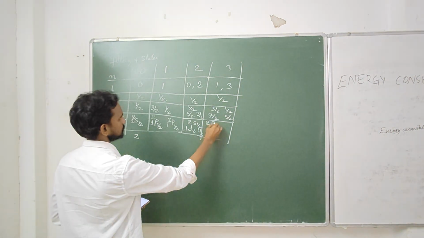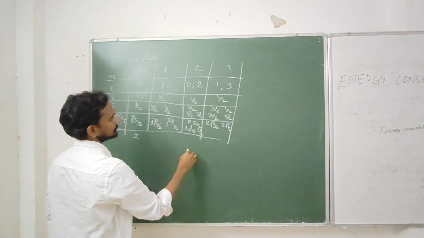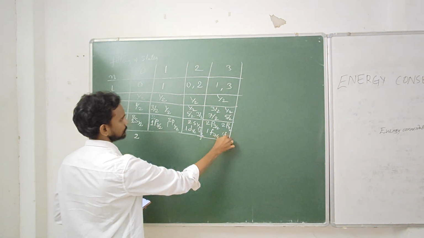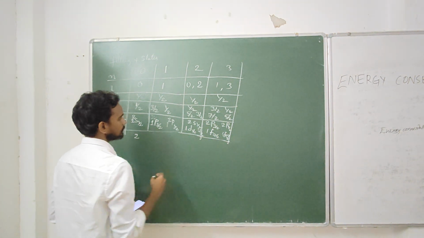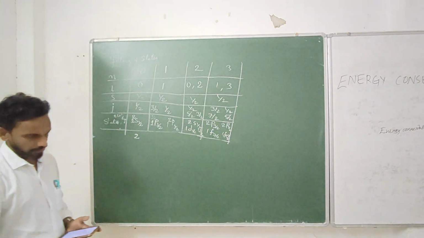Next one 2p 3 by 2, 2p half, then 1f 7 by 2, 1f 5 by 2. So these are the possibilities, and that spin orbit interaction energy.